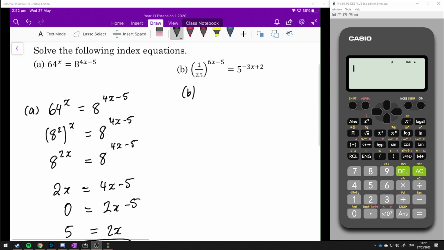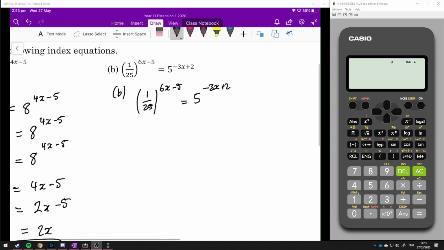We're going to do the same thing for this one. We've got 1 over 25, to the power of 6x minus 5, is equal to 5 to the negative 3x plus 2. 5 is already a prime number, so the 1 over 25 is what I'm wanting to change. I can see that's the same as 1 over 5 squared, to the 6x minus 5, and that's equal to 5 to the negative 3x plus 2.